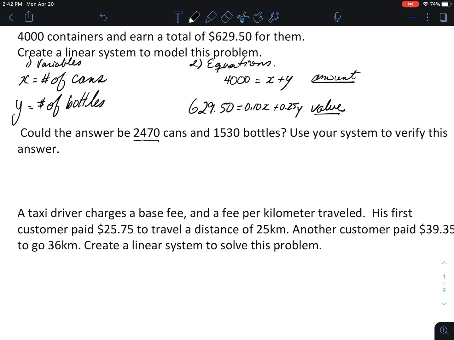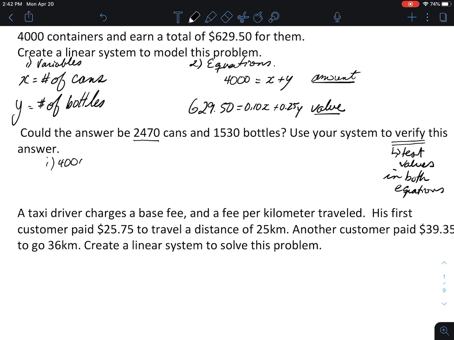All right, and now we got an answer. It says, could the answer be that you had 2,470 cans and 1,530 bottles? Use your system to verify this answer. So verify in math means something very specific. It means I test the value in both equations.